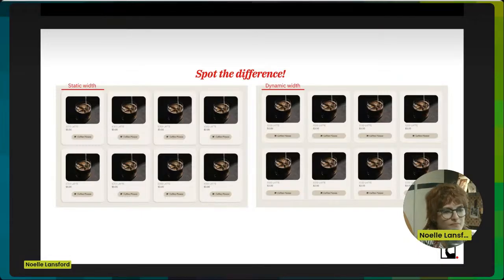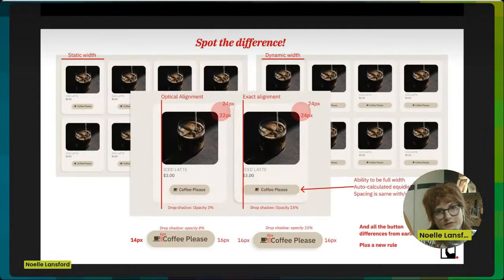Static width meaning when I grow and shrink my space around it, or like the screen size, my cards stay the same width. Whereas the dynamic width is going to grow and shrink as my section size grows and shrinks. So that's really the only difference, along with all of the other differences between the cards and the buttons, right? So we can really see how all of these little details compound.